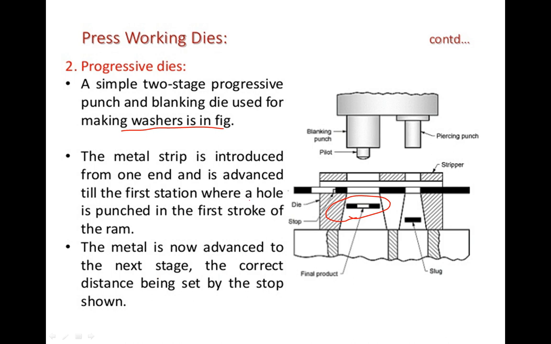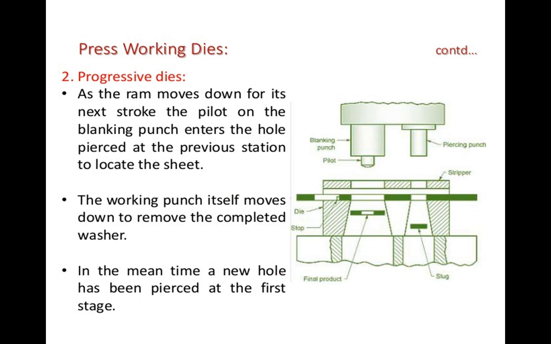So this part is advanced like this, and this blanking punch will cut the blank here, and this piercing punch will punch a hole here. So this part, called a washer, is manufactured by using progressive dies.